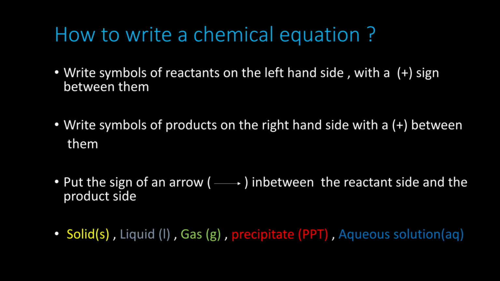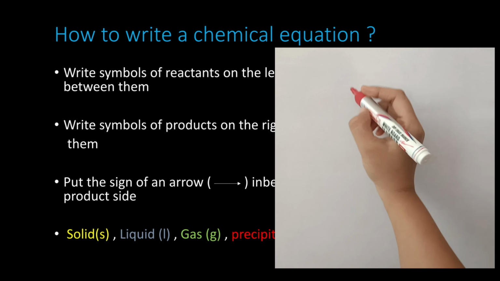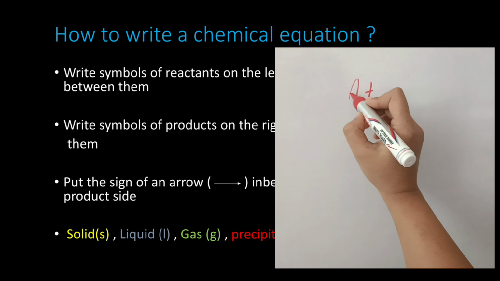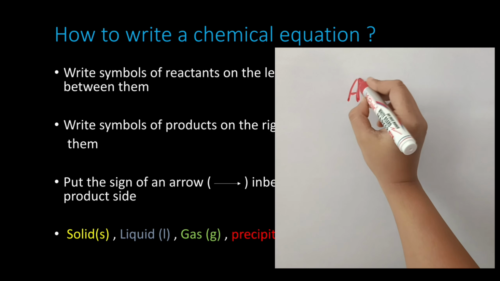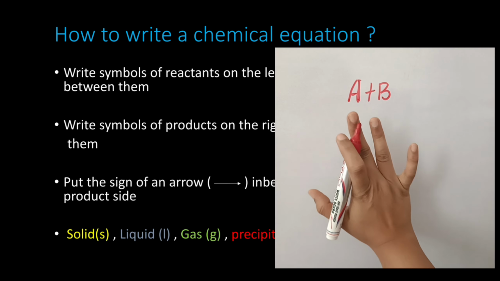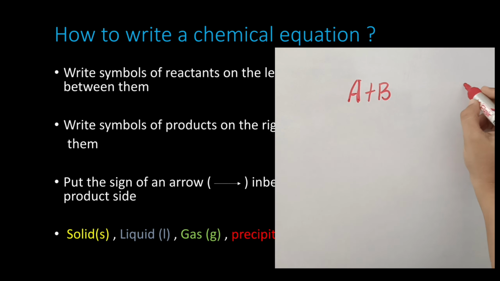These are the steps. Write the symbols of the reactants on the left hand side with a plus sign between them. Write the symbols of the products on the right hand side and put the sign of an arrow in between the reactant side and product side. For example, A plus B, these are the reactants. You have to write the reactants on the left hand side, and on the right hand side the product.